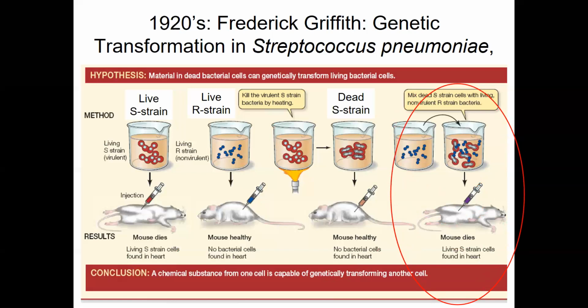So what this demonstrated is that bacteria can take pieces of genetic material from other dead bacteria and give themselves new traits. With this experimental system in place, other scientists were able to then figure out what type of macromolecule was it inside of these bacteria that could transfer these traits from one individual to the next.